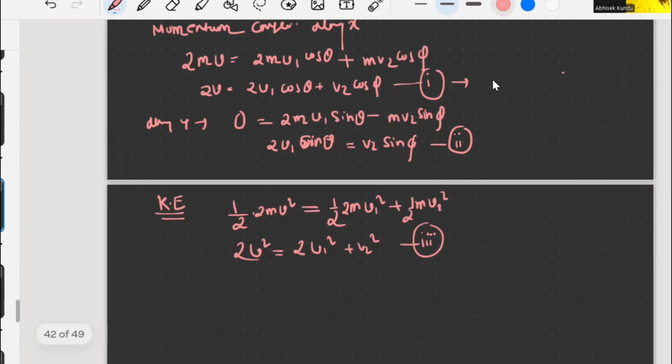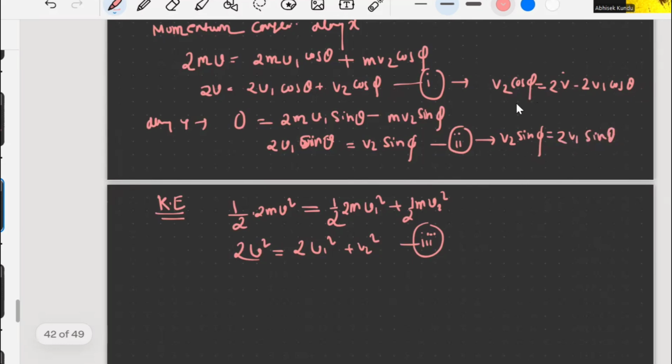So we can express v2 cos phi in terms of v and v1. So we are getting 2v minus 2v1 cos theta. From equation number 2, we already know that v2 sine phi is going to be 2v1 sine theta.